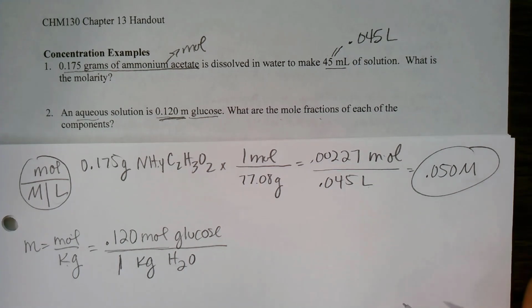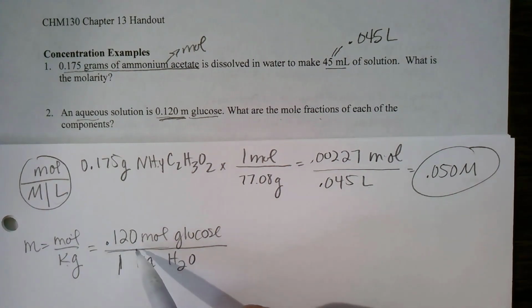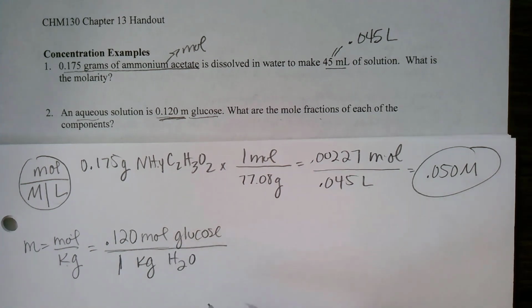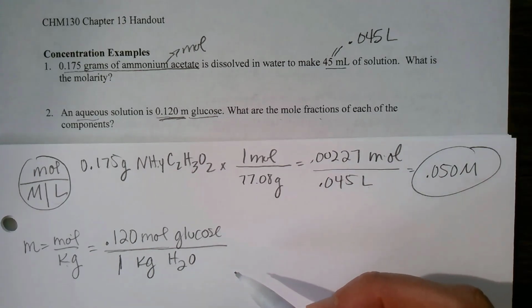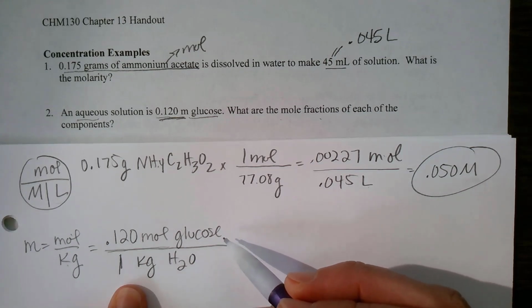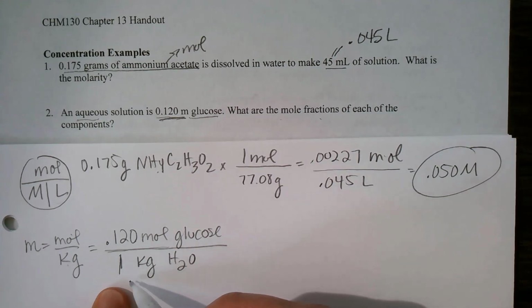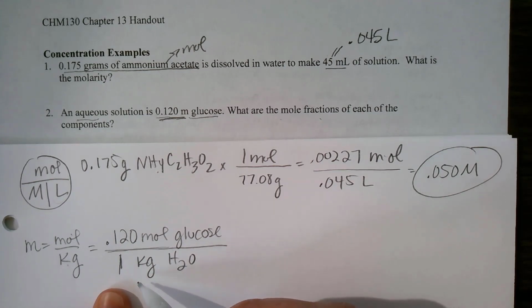In order to do mole fractions, I need to know the part of glucose of moles divided by the whole, which means I need moles of the glucose and the water. So I got the moles of glucose. I got to figure out how many moles of water this is. So let's get from kilograms of water to moles of water.